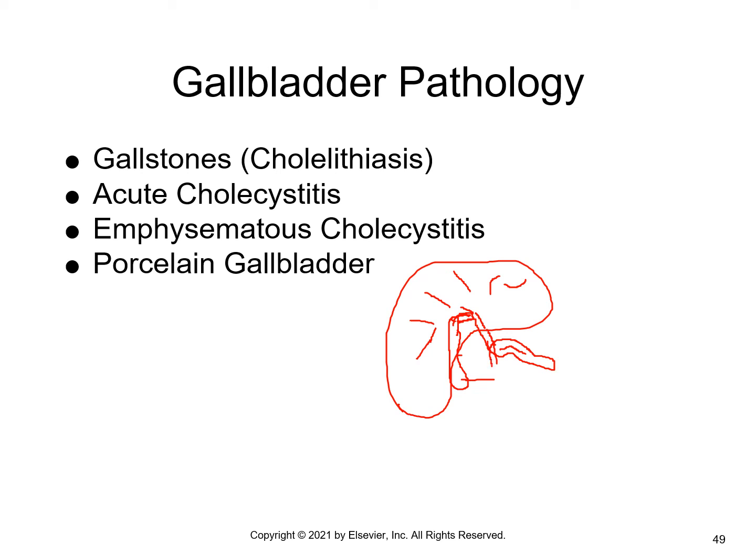Then it goes into the small intestine. At the small intestine, it's able to deliver bile and pancreatic juices, and those components are what help our small intestine break down and absorb many of the fats, proteins, and carbohydrates that are necessary for our body's function.